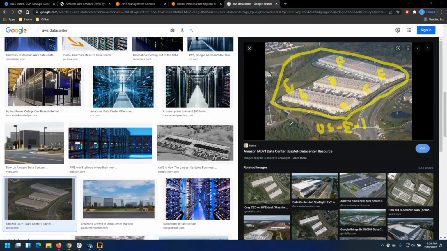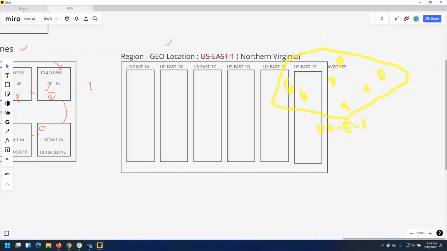If you look at the basic things, each building has its own dedicated power supply, network, and cooling. That means each building is equipped with these three components.